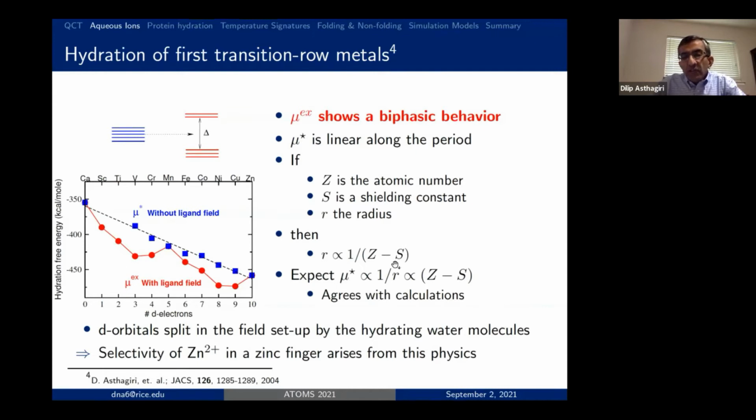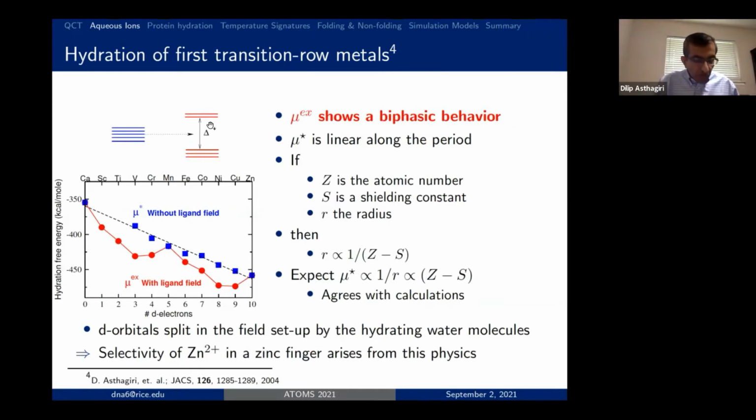And what you find is that the splitting depends on the radius of the particle, and essentially on the atomic number minus the shielding constant. This is a standard result that goes back to Linus Pauling. From that, you find that the hydration free energy of the ion, without any of this d orbital splitting, should be proportional to the atomic number.